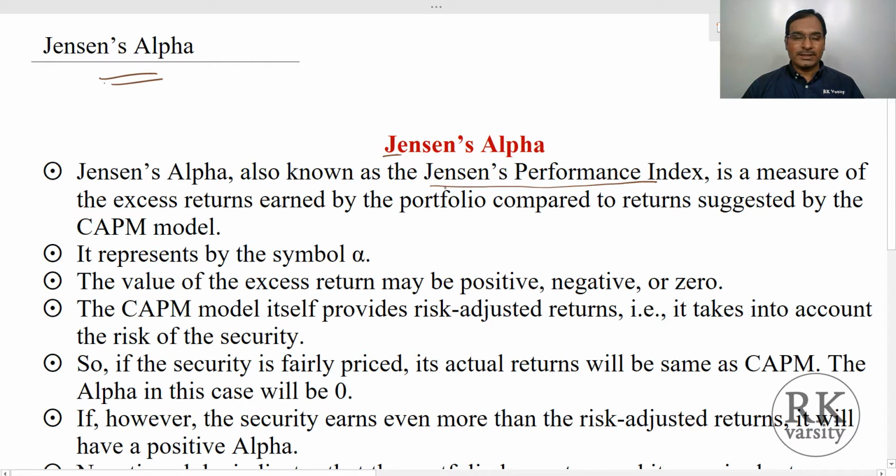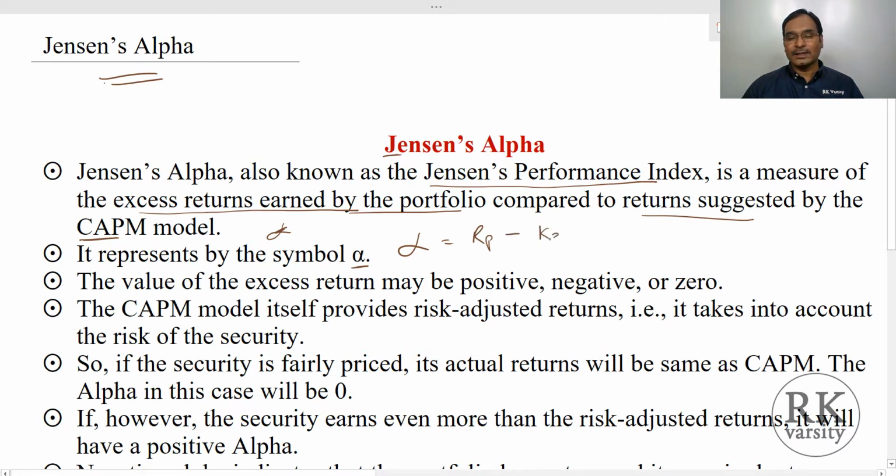Jensen's alpha measures the excess returns earned by the portfolio compared to the returns suggested by the capital asset pricing model. In simple terms, Jensen's alpha, denoted as alpha, equals your realized return on a portfolio minus your CAPM expected return.